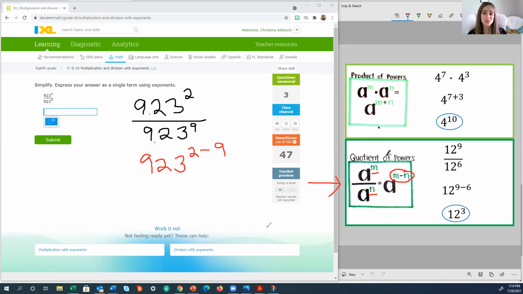So now we're dealing with integers, which means positive and negative numbers. Remember, when you add and subtract, if both of the numbers have the same sign, you add them and keep the sign. If the numbers have opposite signs, so one is positive, one is negative, you subtract them and take the sign of the bigger number. When I look at this, I notice that they do have opposite signs.